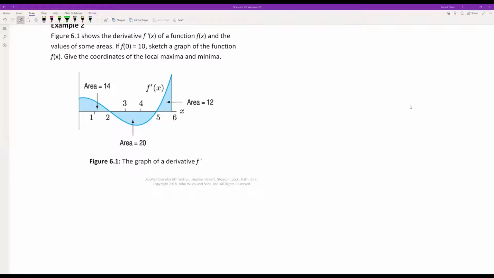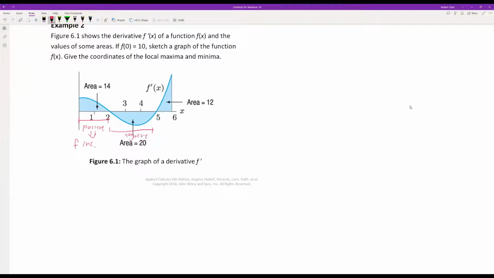So we know that f prime is positive between 0 and 2, which is right here. So this is positive, meaning f is going to be increasing, right? And between 2 and 5, it's negative, right?